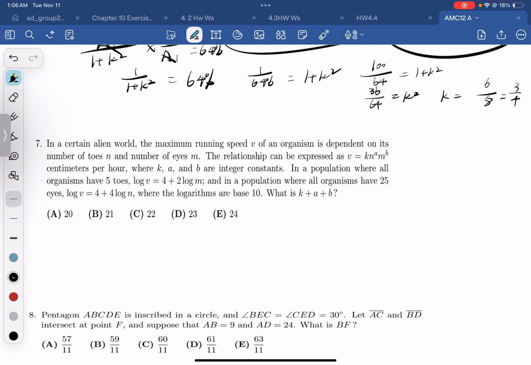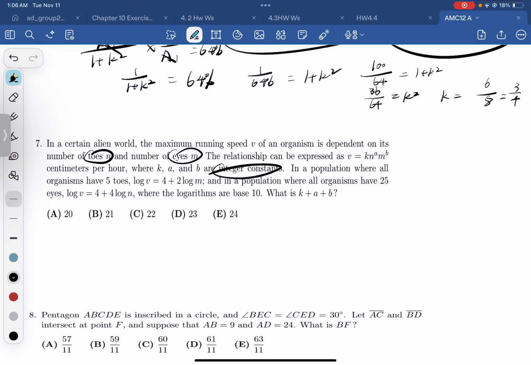In a certain alien world, the maximum running speed v of an organism is dependent on its number of toes and number of eyes. Toes is n, eyes is m. The relationship can be expressed as velocity equals k, a constant, times n raised to the power of a and m raised to the power of b, in centimeters per hour, where k, a and b are integer constants.